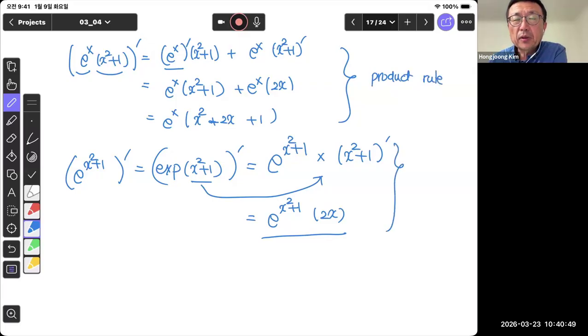For the next example, you are considering the composite of two functions, so in that case, you need to apply the chain rule. So please be careful. When two functions are multiplied, you need to apply the product rule. When you consider the composite of two or more functions, you need to remember the chain rule. So please remember this. Okay?